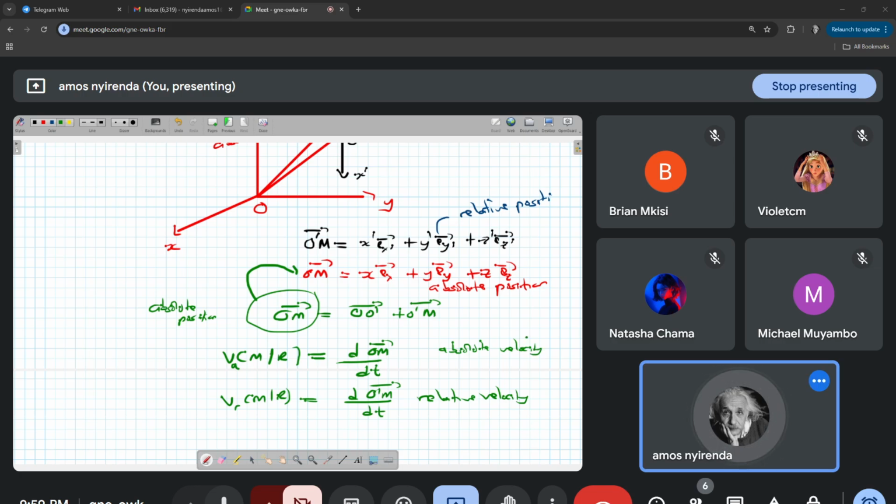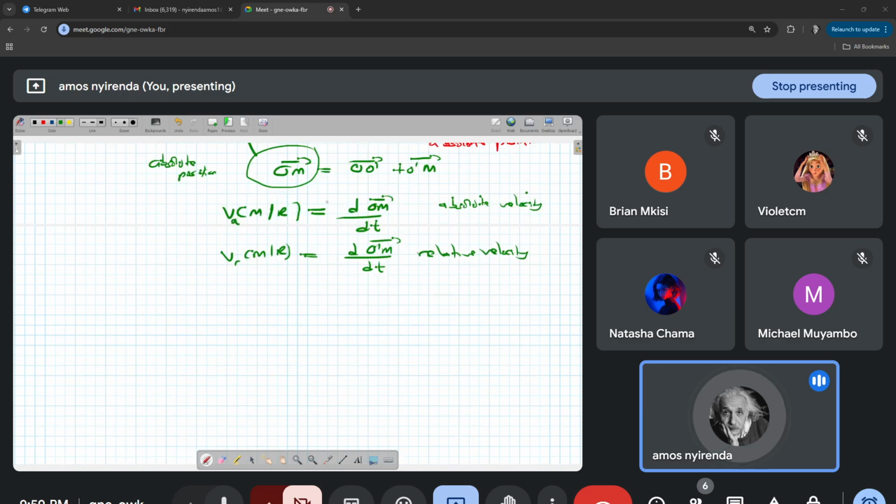Now let's find an expression that is more expressive. This expression is not as expressive as the one we want to find. So let's continue developing it. La vitesse absolue of M in R is the derivative of OM with respect to t.